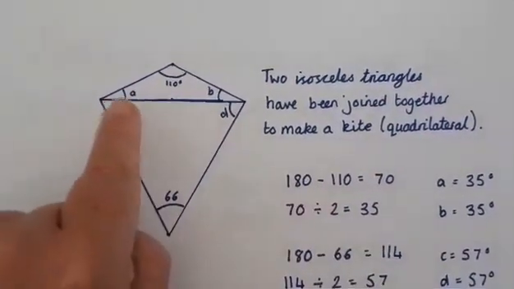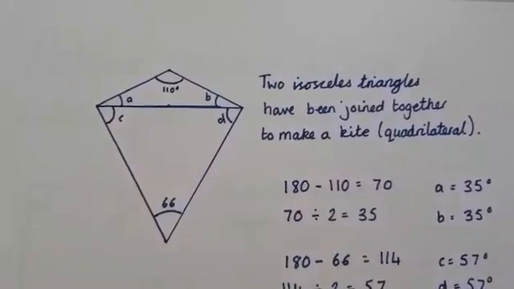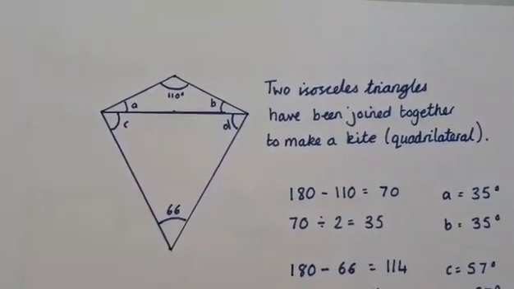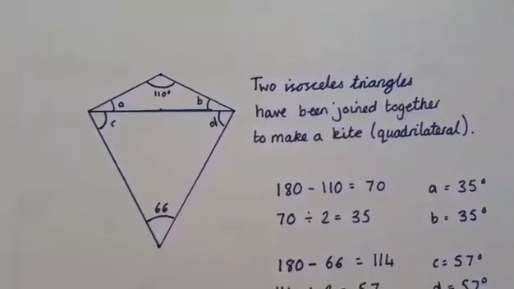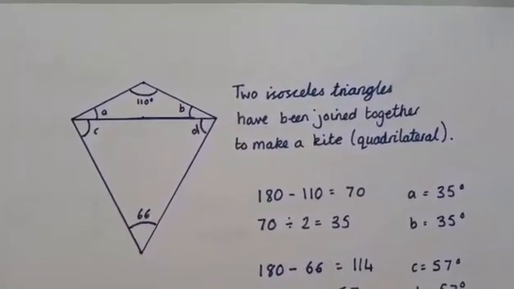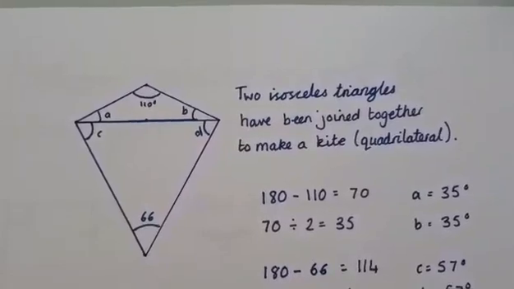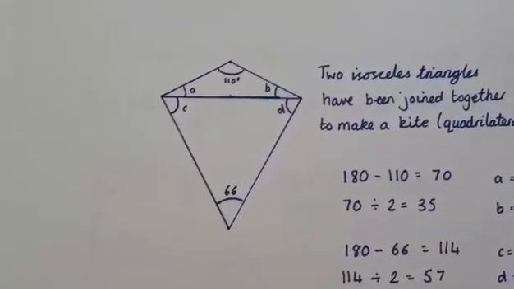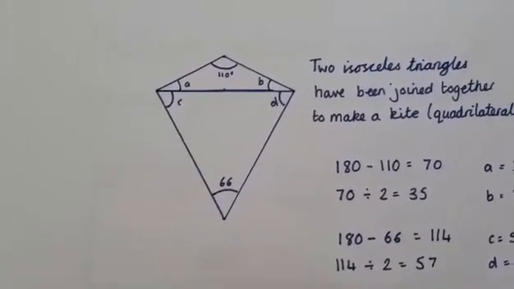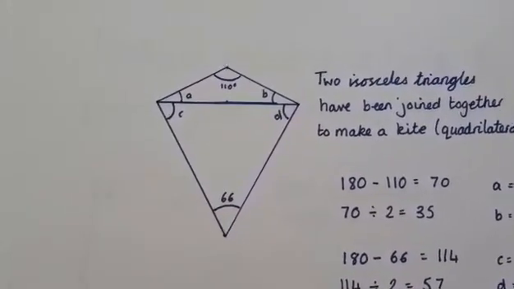I now know that A and B will total 70. So I know they're equivalent to each other, so all I need to do is split that in half, so divide it by 2. 70 divided by 2 is 35. So angle A and angle B are 35 degrees each. Then I look at the bottom half of my kite. It's another isosceles triangle, I've already been told that. I know that this angle at the bottom here is 66 degrees.